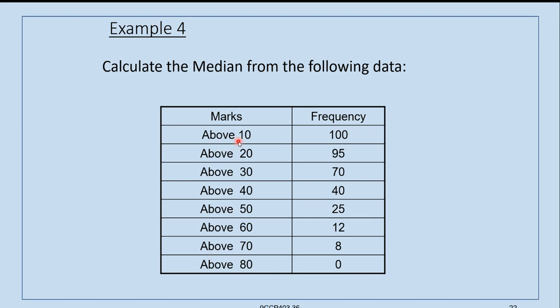That means the values are above 10. The class interval values are above 10. And here above 20, 20 and above. Here 10 and above. That means above means after 10 some values are there.